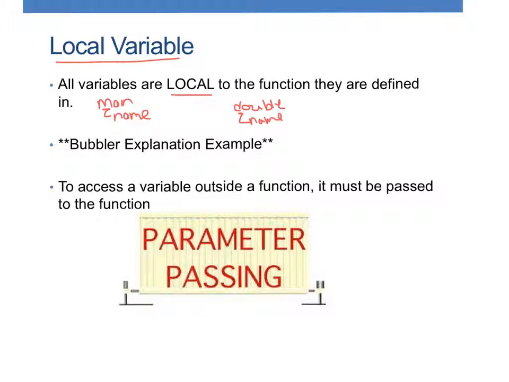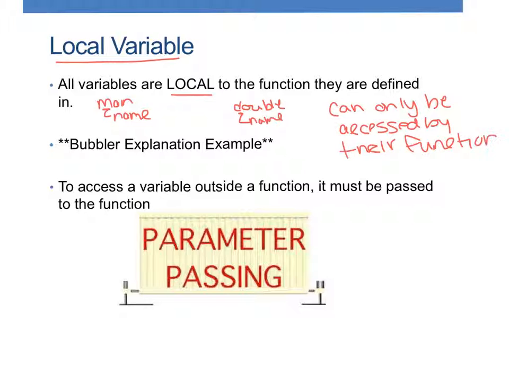And essentially, these can only be accessed by their function. So what this means is that name in double can only be accessed by double, and name in main can only be accessed by the function main.